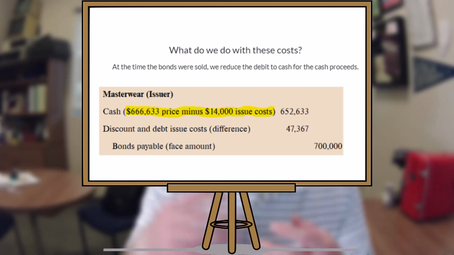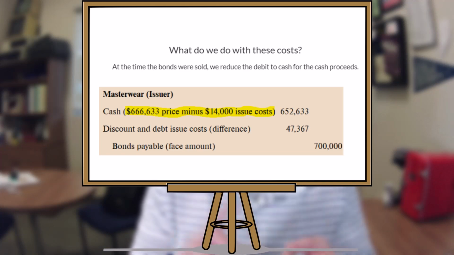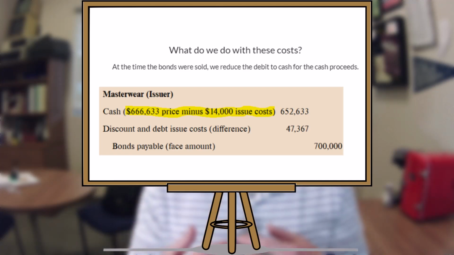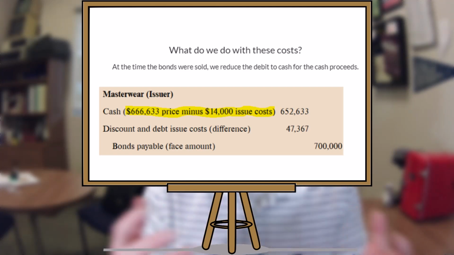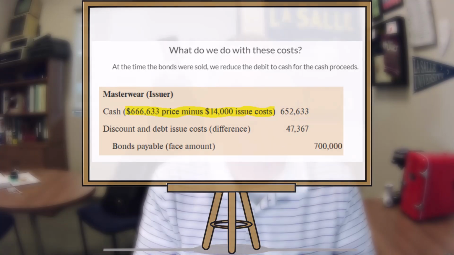So we deduct the debt issuance costs, things like legal fees, accounting fees, underwriting fees, from the cash proceeds that we would otherwise get. So we get less money up front when we borrow these funds because of debt issuance costs. That's the moral of the story here.